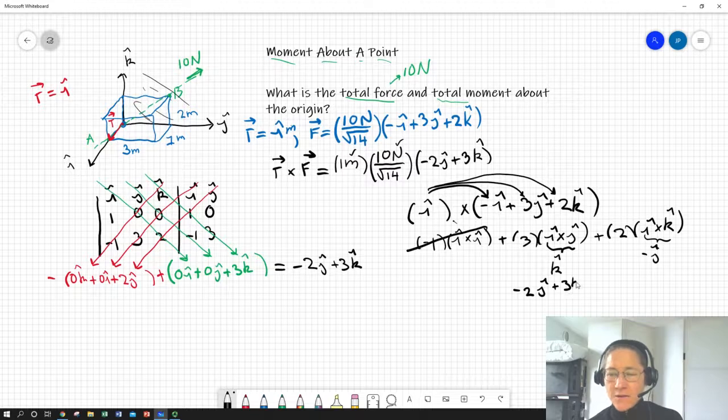So I could make an argument that the FOIL method might have been just as fast as the determinant, but it's good that we got the same answer. So again, just like the constants being multiplied and coming out, remember we had a 1 meter being multiplied by everything, and we had a 10 newton divided by root 14 all the way through here, so we would end up having our scalar portion.